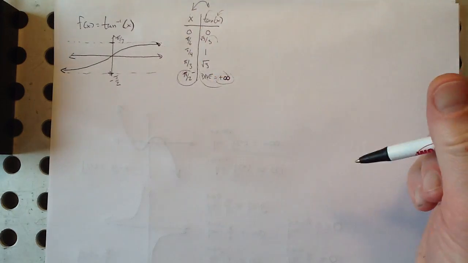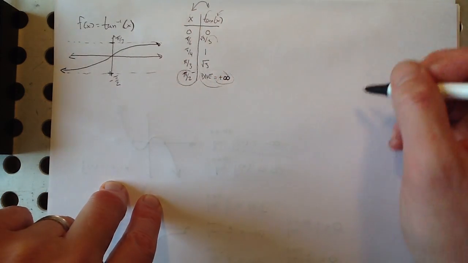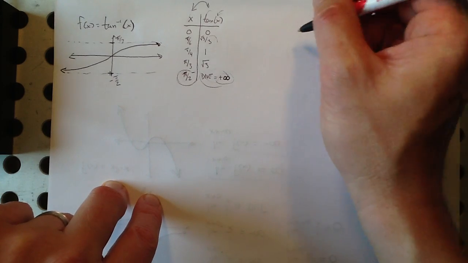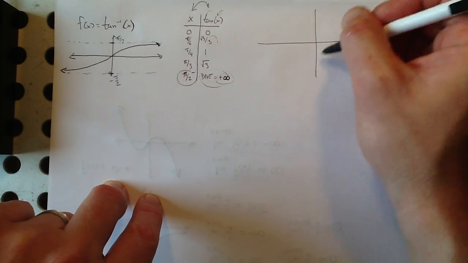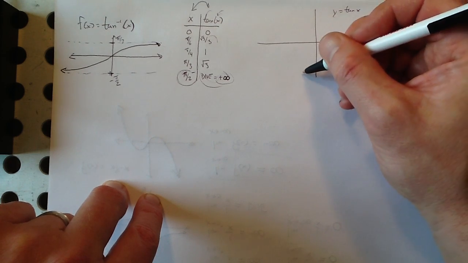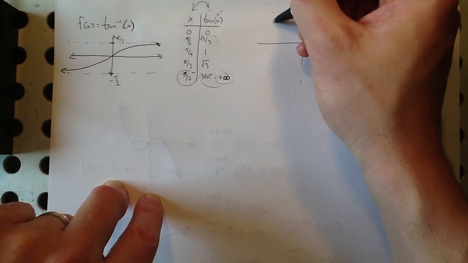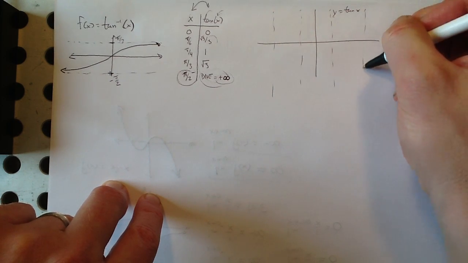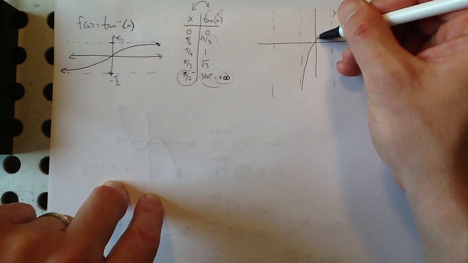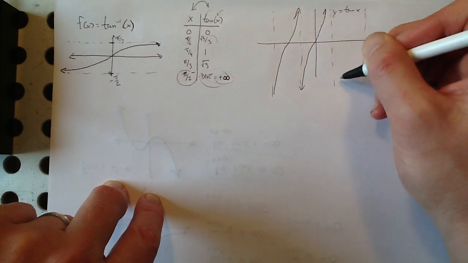If you're more familiar with the graph of the tangent function and its little pieces that go like this, right? The graph of the tangent function, y equals tangent x, another one of course you should be familiar with, looks like this. This is just a really rough sketch of it.